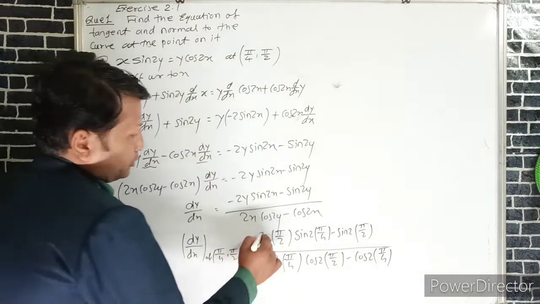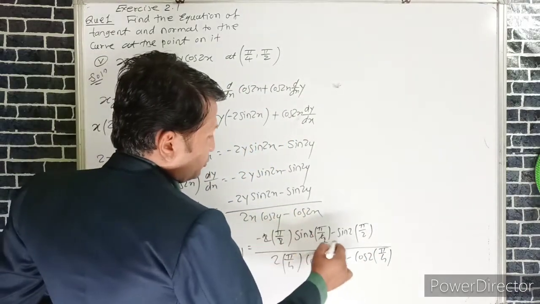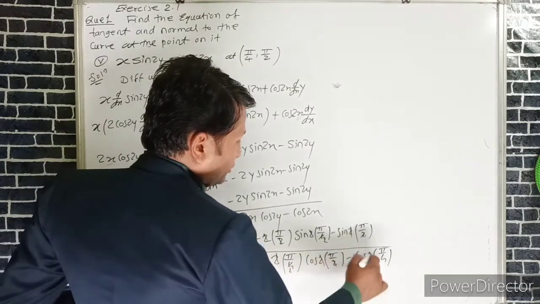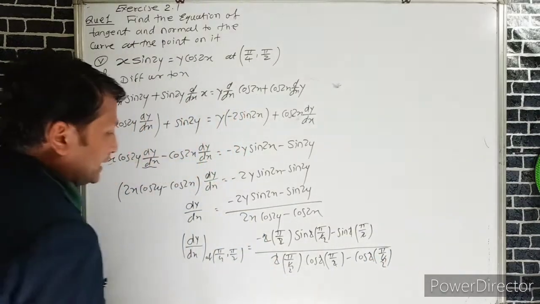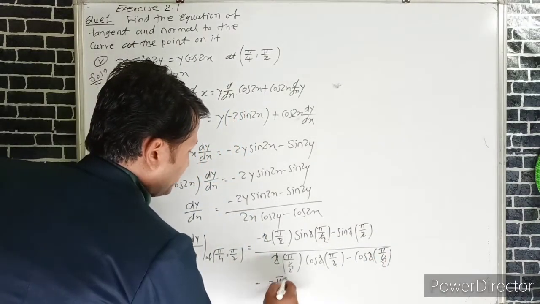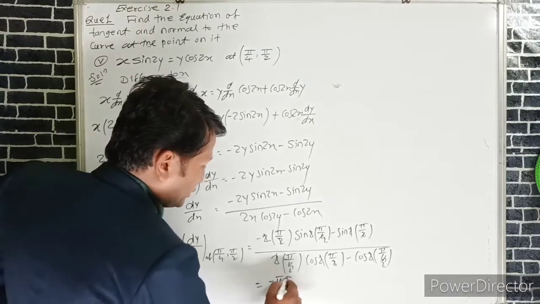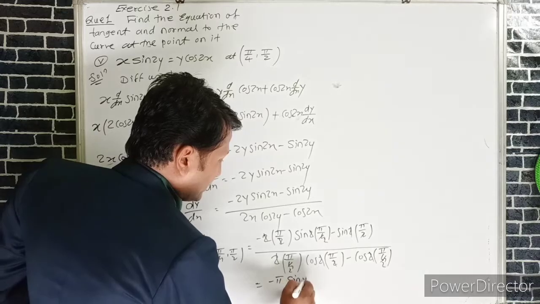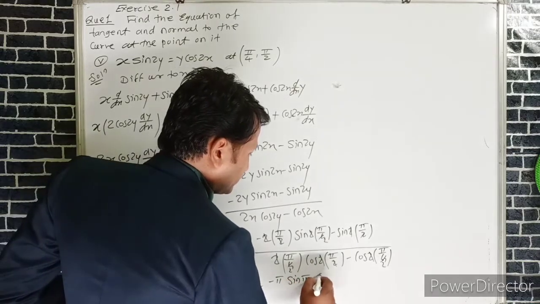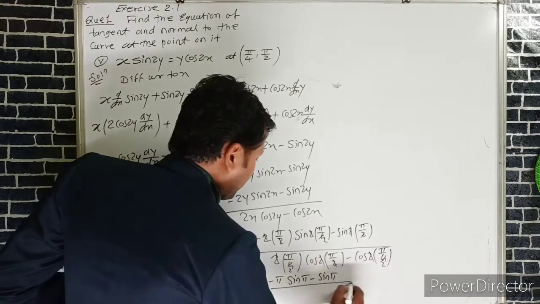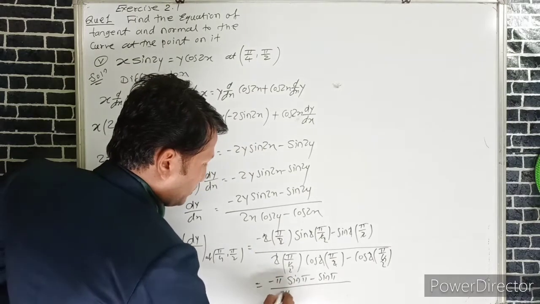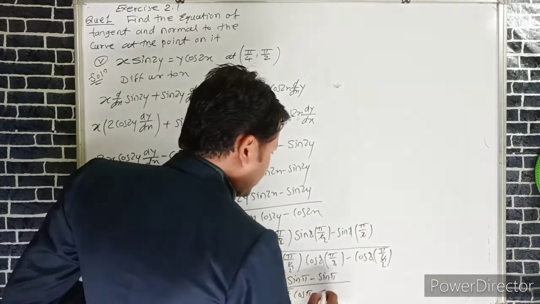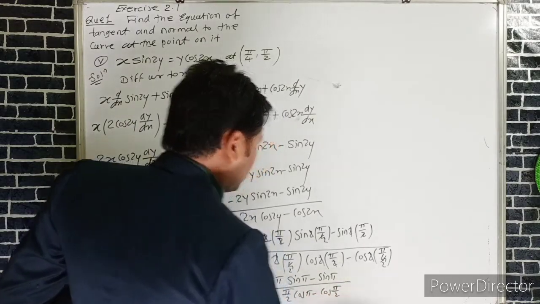So here the 2s get cancelled, 2 remaining. We can write this as minus pi sin pi minus sin pi upon pi by 2 cos pi minus cos of pi by 2.